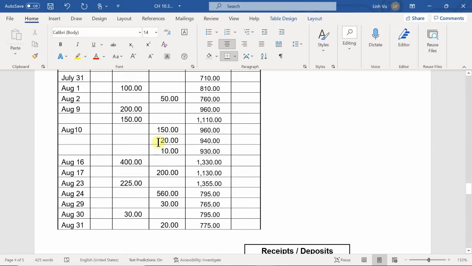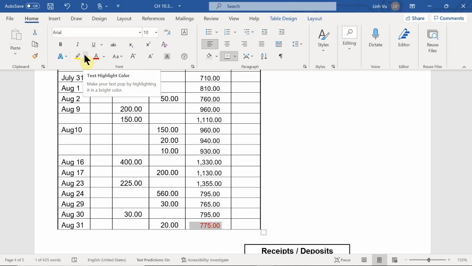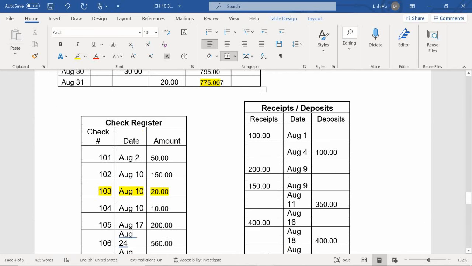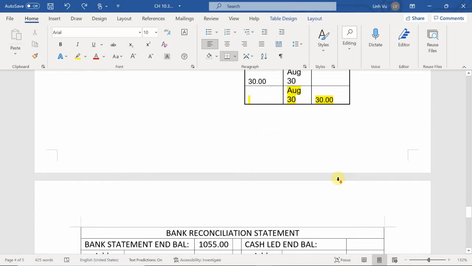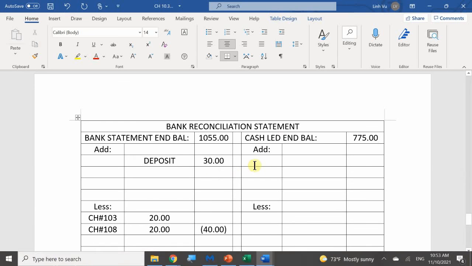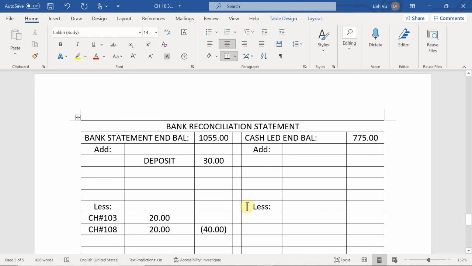My ending balance is $775. $775 is my current balance in my checking account. Okay, in this case, I need to add what?